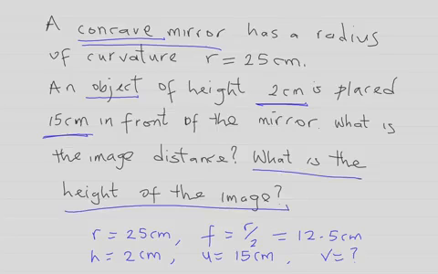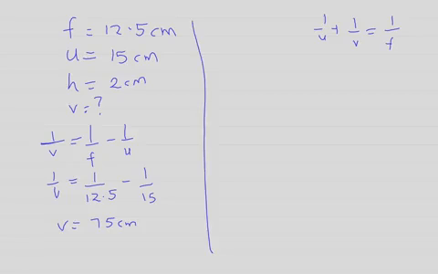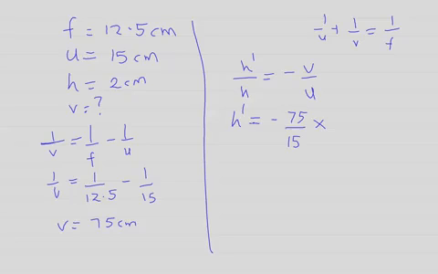What is the height of the image? To find the height of the image, we know that A prime over A is equal to minus V over U. So A prime is equal to minus V over U times A, where V is 75, U is 15, and A is 2.